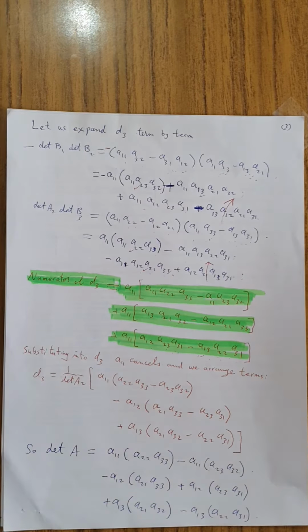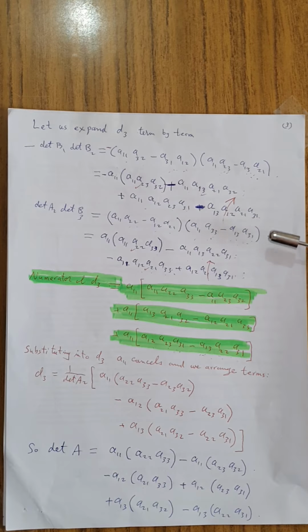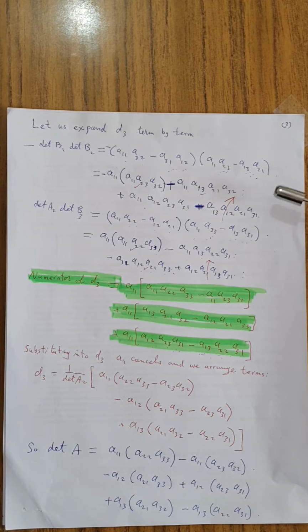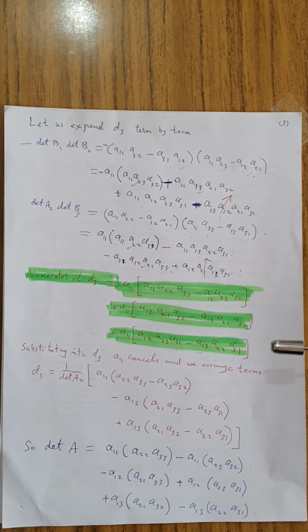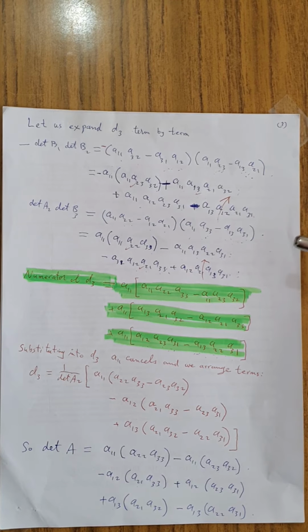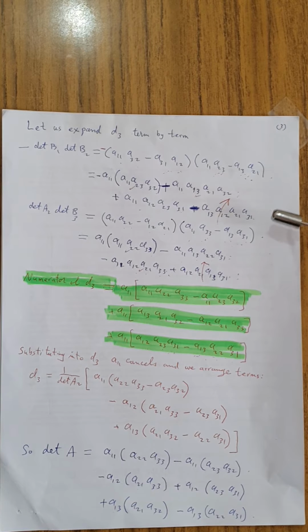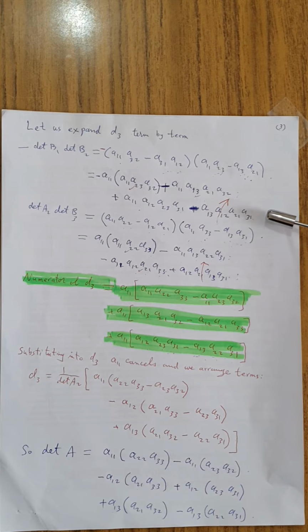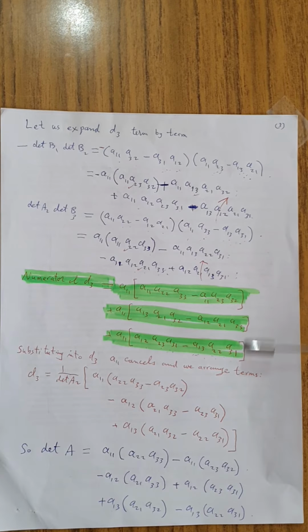Let us expand D3 term by term. Since it is divided by A11, A11 has to cancel, and you will see that the terms that do not have A11 in them will cancel, so we will be left with 6 terms only.